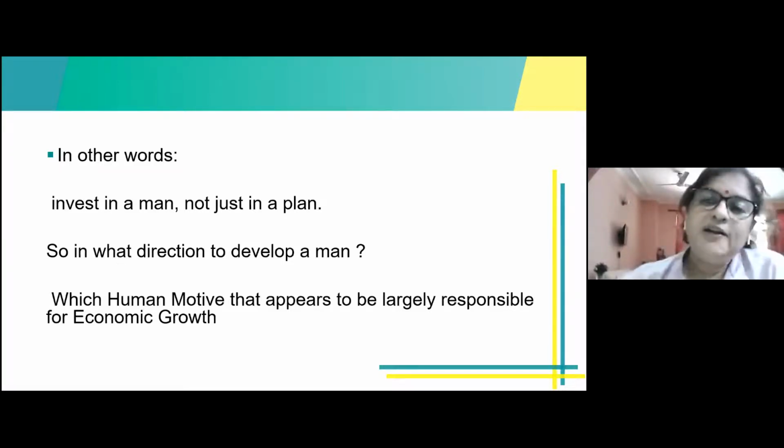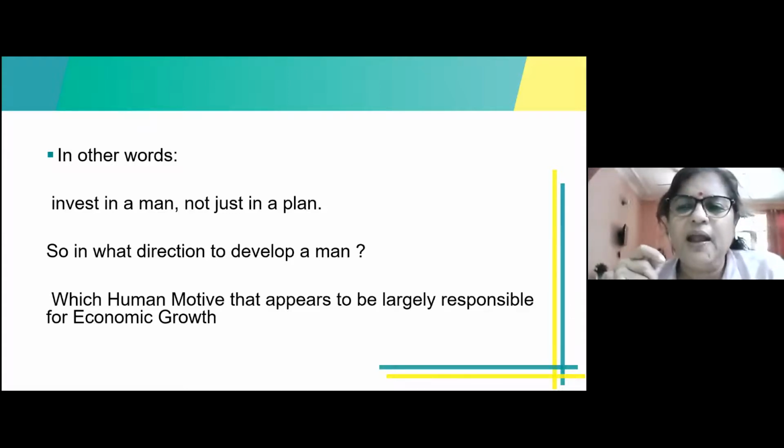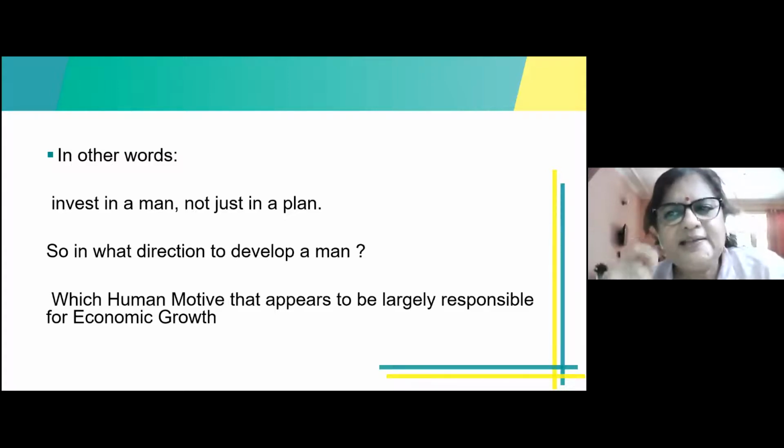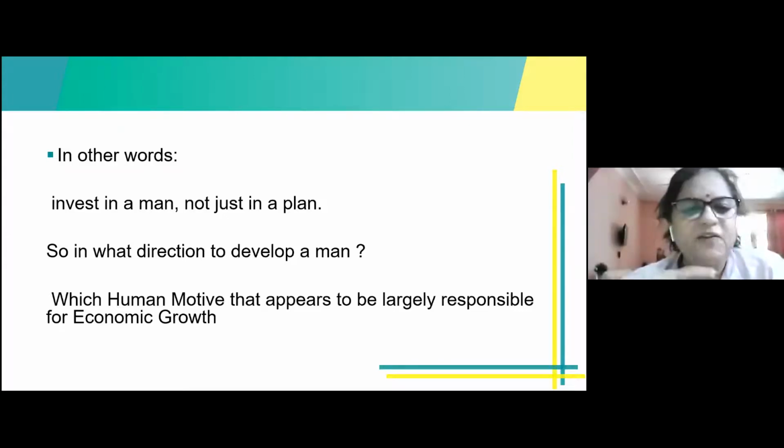So in what direction to develop a man so that he becomes an entrepreneur or an excellent executive who can make great value creation wherever he is working.